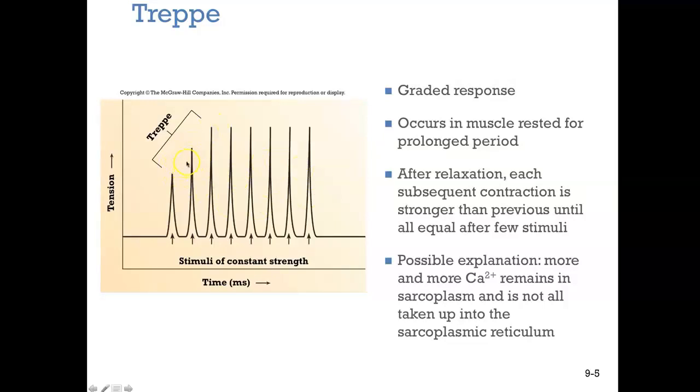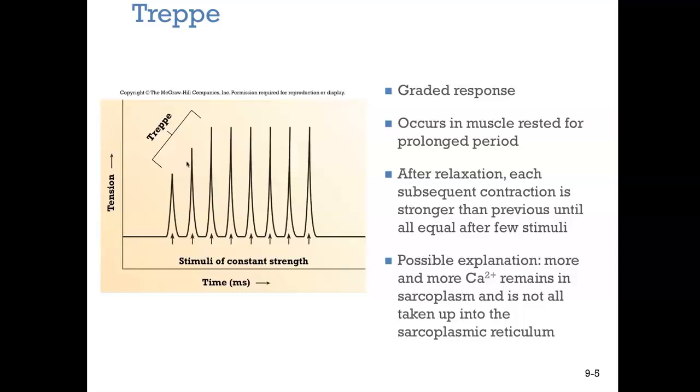Instead of all the calcium going back to the sarcoplasmic reticulum, some of it hangs around and we can attach it more to troponin, move tropomyosin out of the way so we can reveal those active sites on our actin filament for the myosin heads to attach there. Okay.